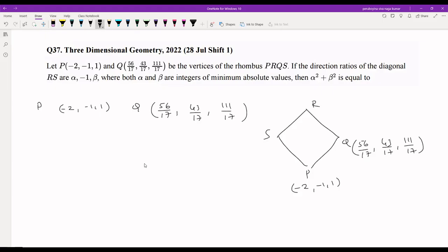Okay, these are the 2 points. Let's calculate RS also given. If the direction ratio of a diagonal RS is a diagonal, but we made the diagram wrong, right? So therefore, Q value should be here then.